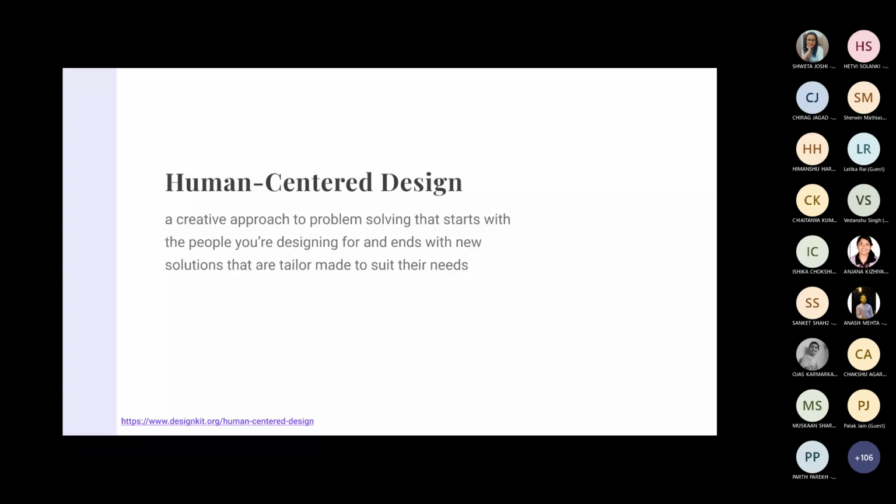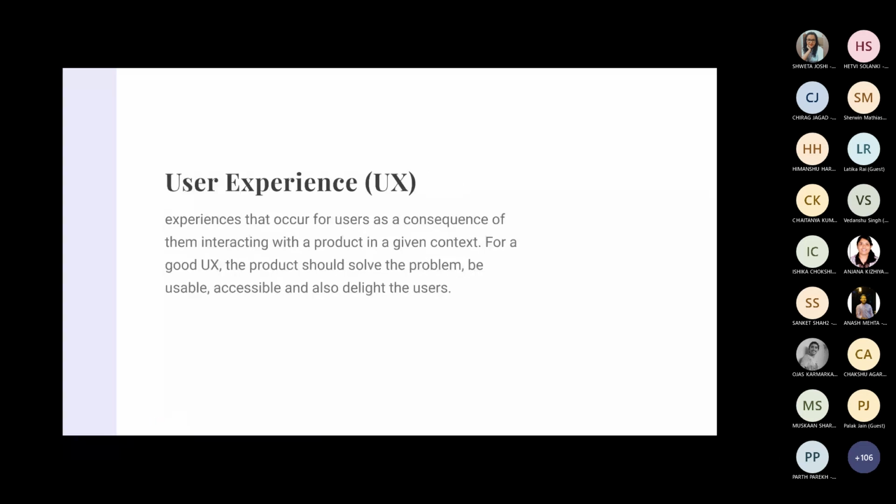Then there's UX. User experience focuses on this entire journey. Again, if we take the example of an Uber, you start out with the thought of wanting to go somewhere, and then you open the app and they ask you for your destination, and you look at these cabs. All of this is user experience. And it's not just looking at cabs, right? It's when you finally book one and then the waiting process.